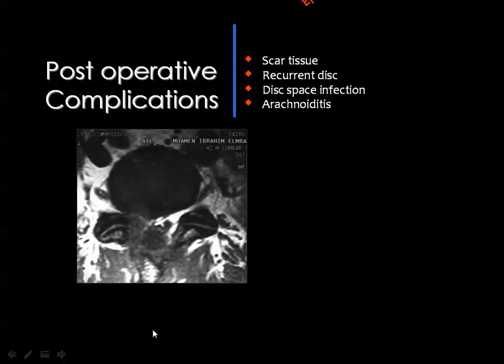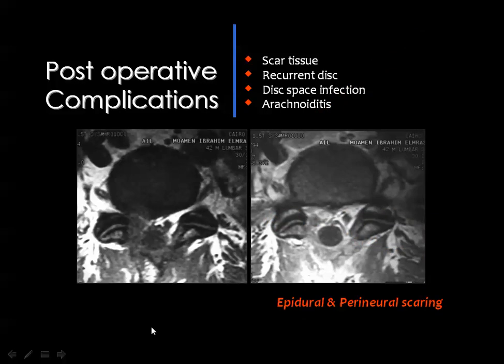Then you have to inject contrast media, and you know that the scar tissue will enhance with contrast media while the disc will not enhance. After injection of contrast medium, you can see that the whole lesion has been enhanced, denoting that this is post-operative scar tissue.